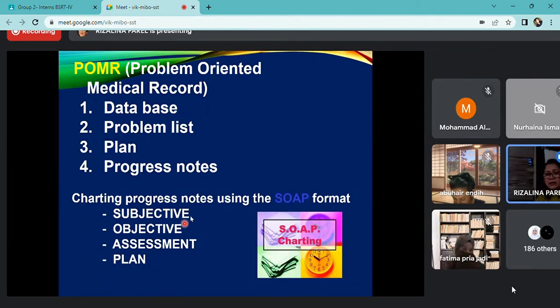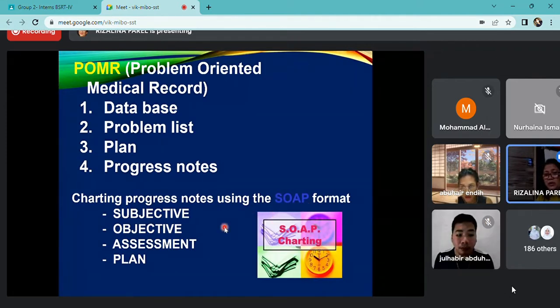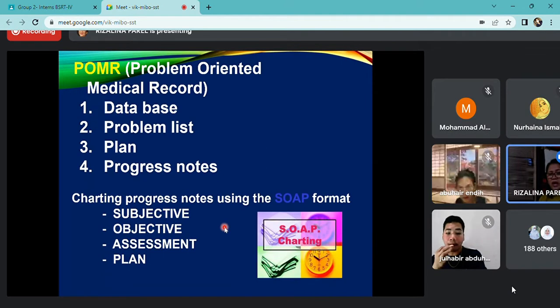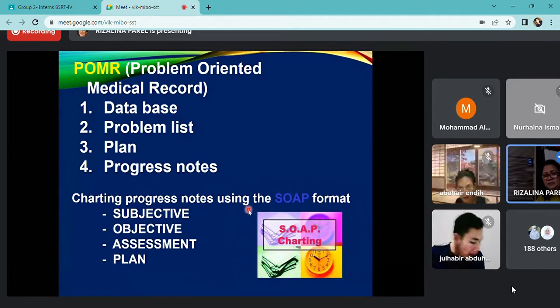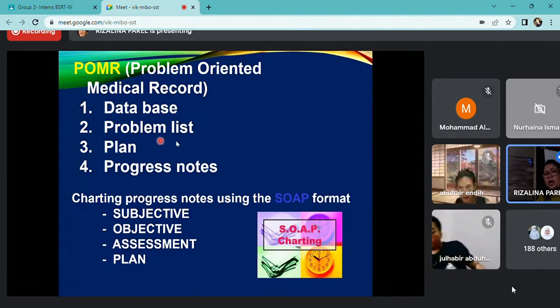Now, meron daw sa St. Luke's nag-chart na sila, sa ibang hospital nag-chart na rin sila, and I have experienced charting also sa Pulmo Rehab ng Lung Center. So may mga times na yung RT naggagawa na rin ng SOAP, Subjective Objective Assessment and Plan. As contrast dito sa database, problem list, plan, and progress notes under EGANS.